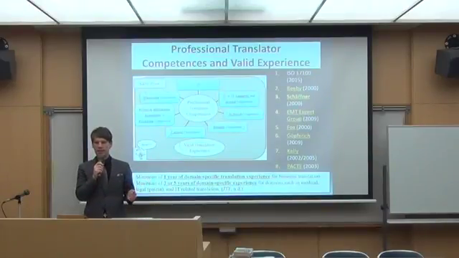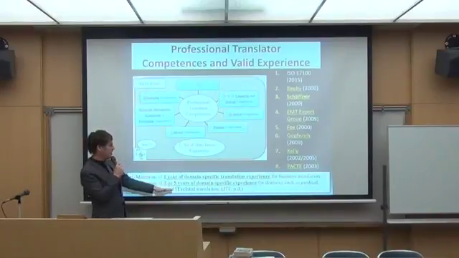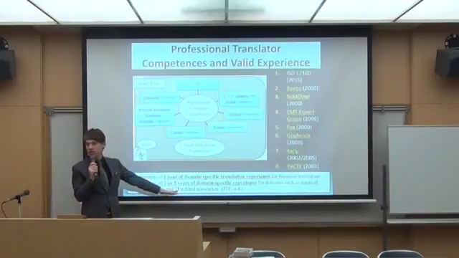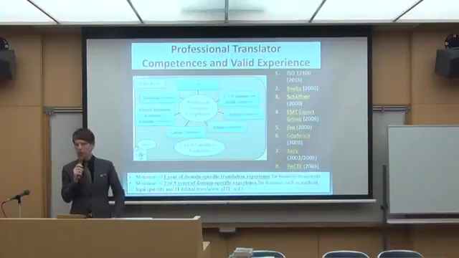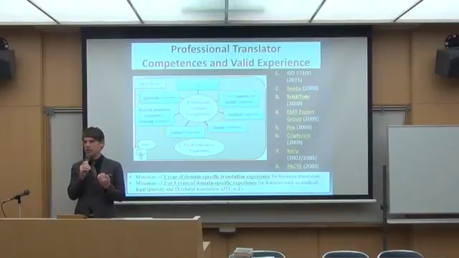And of those 16, 15 insisted you must have a minimum of 1 year of domain competence if you want to apply for this job. Most of them were talking about having 3 to 5 years. And there was only one place that said, we will consider you if you don't have domain competence, but you're competing with professional translators for that job.